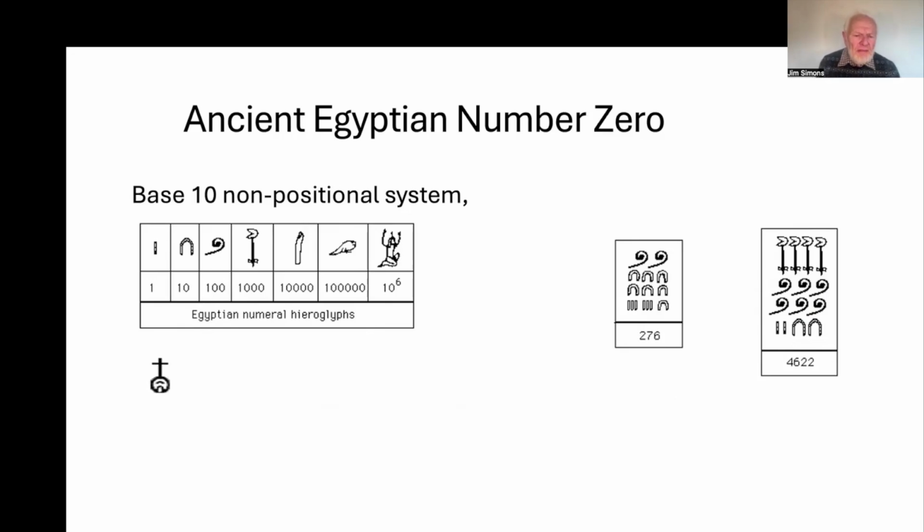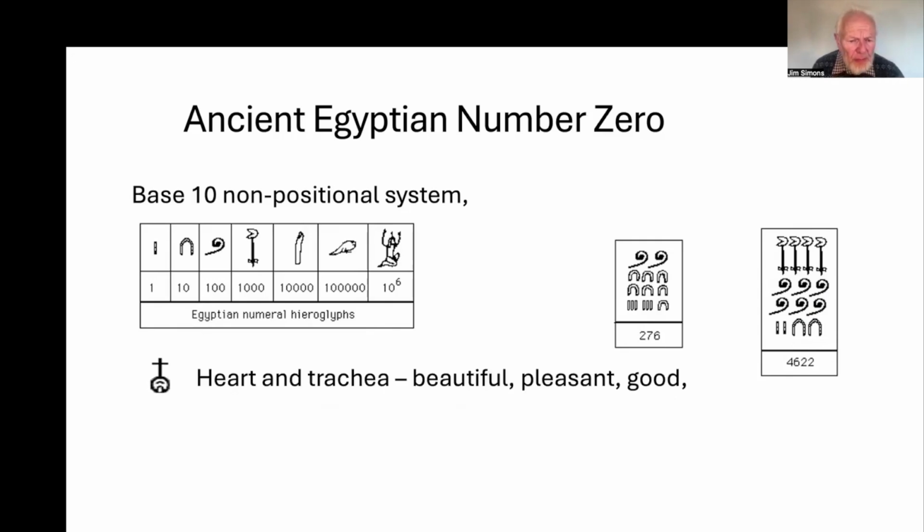Now these hieroglyphics start life as pictograms, meaning the picture of something, but they acquire meanings that very often have nothing obviously to do with the thing it's a picture of. So this, as a pictogram, means the heart and trachea, which is a somewhat gruesome thing for it to mean, but there we are. But it comes to mean beautiful, pleasant, good, and also zero as a number.